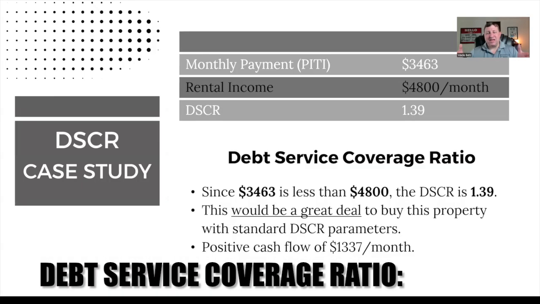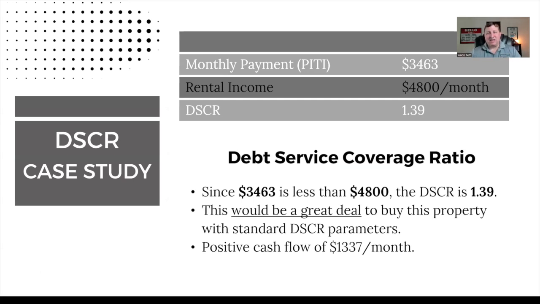When you compare the monthly payment to the sum of the rental income from the different units, your DSCR coverage ratio is 1.39 on this specific property. Essentially, you take the rental income divided by the PITIA, and that's how you get the DSCR ratio.